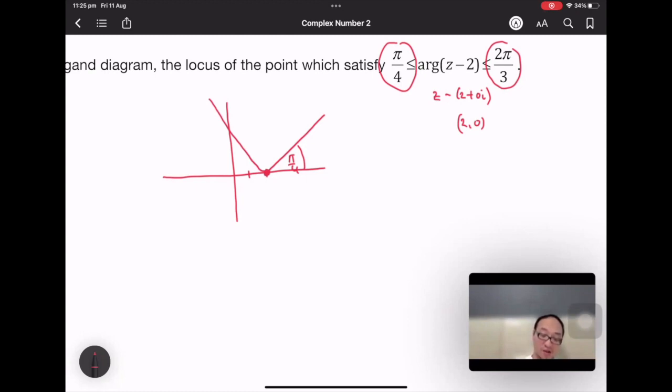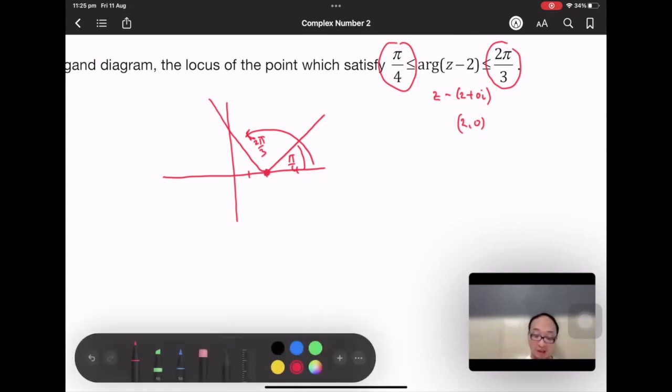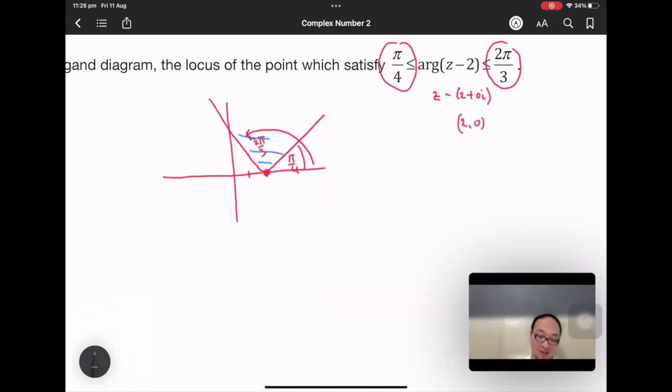So the argument that lies between pi over 4 and 2 pi over 3 is in this region. So we shade that region.